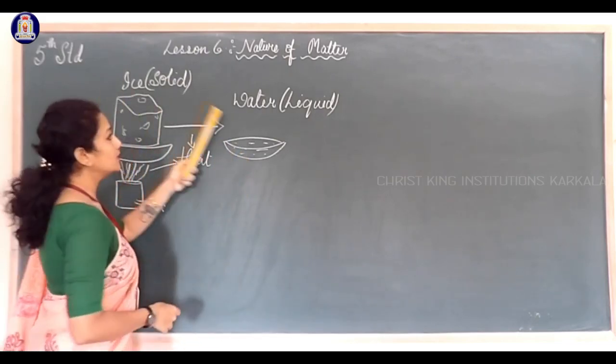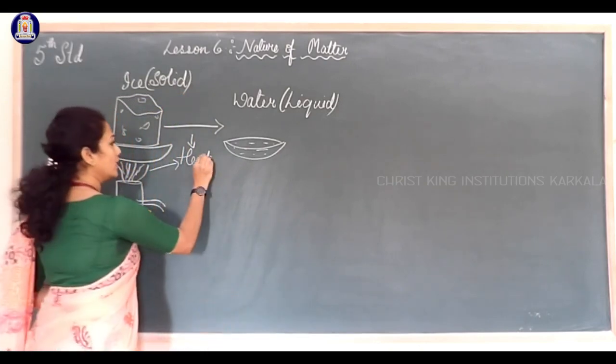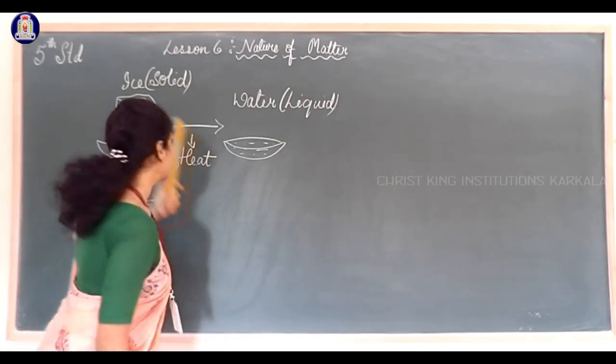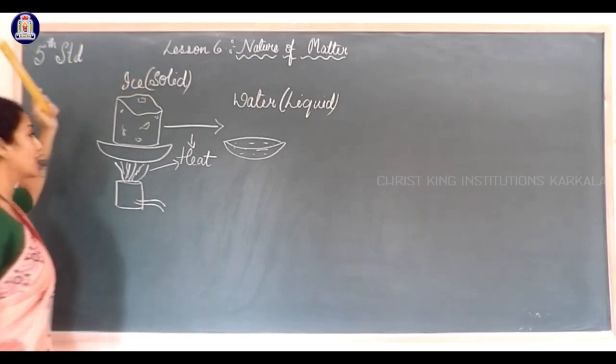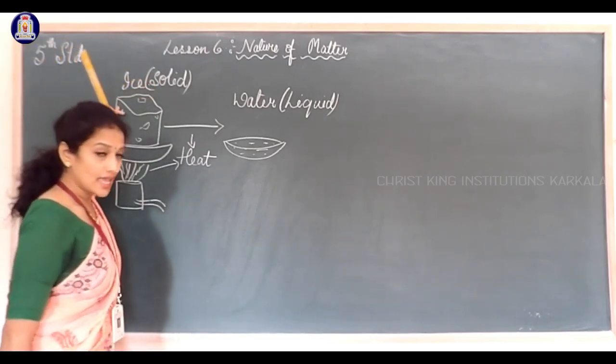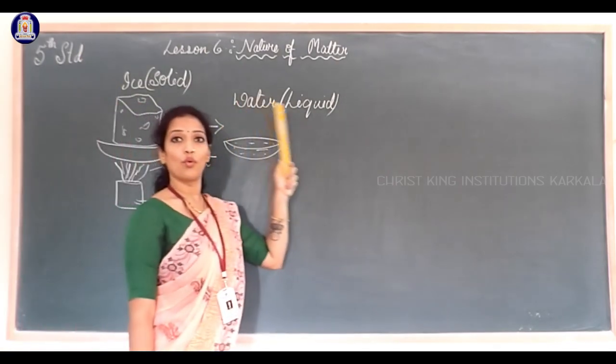The solid changed to liquid when it got heat, isn't it? When the water was in the freezer, it turned to ice, and when ice was heated, it turned to water.